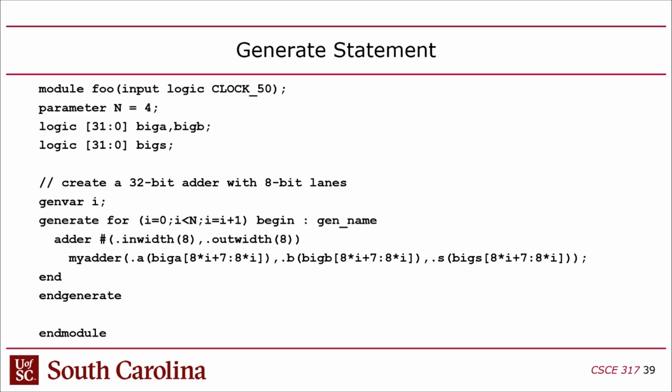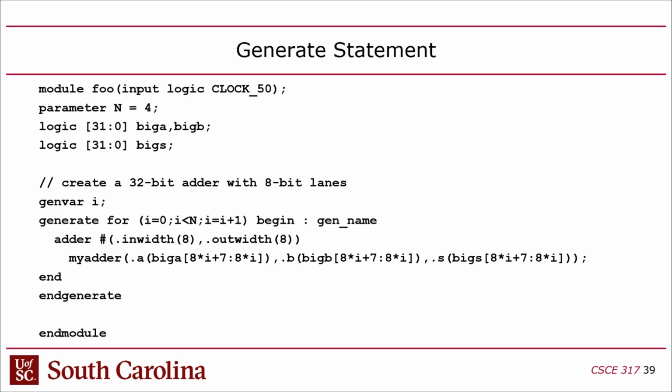But notice that I've got this calculation. I'm creating an adder called my adder, but the name of it is actually going to be gen name 0, gen name 1. The naming is automatically generated, but my adder is the thing I'm going to be stamping out.